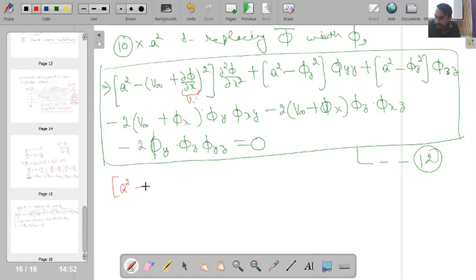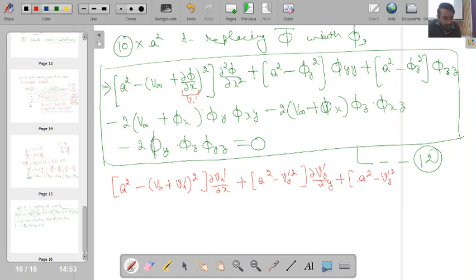So a square minus V infinity plus Vx dash whole square into del Vx dash by del x, plus a square minus Vy dash square into del Vy dash by del y, plus a square minus Vz dash square. Wherever I have del phi by del y, I am replacing it with Vy dash, and wherever I have phi yy, I am replacing it with del Vy dash by del y.